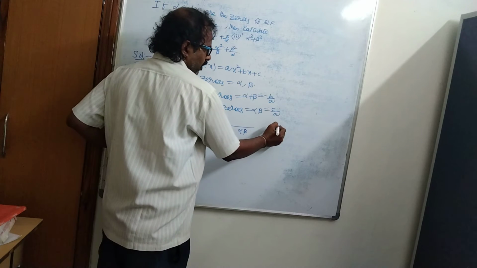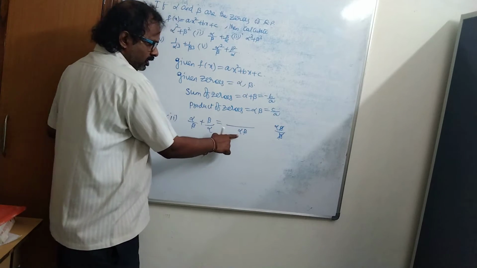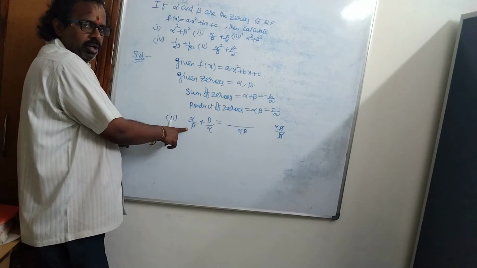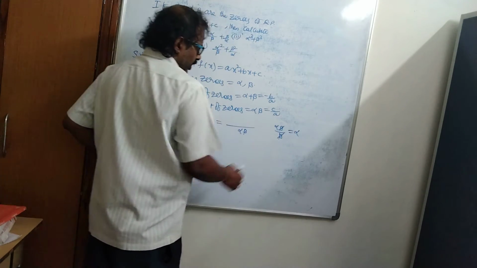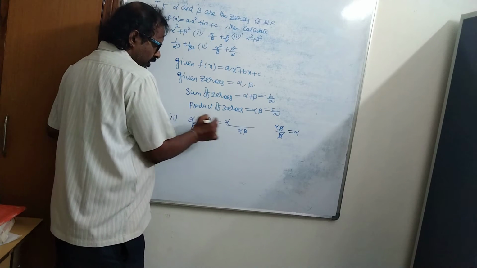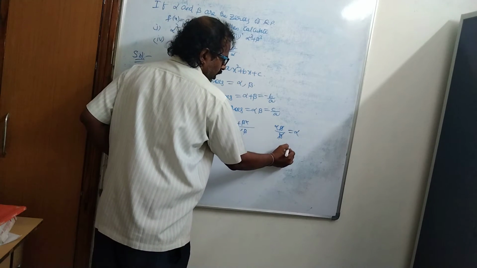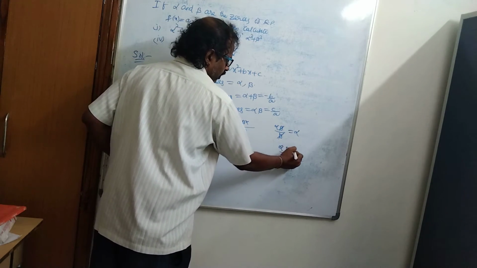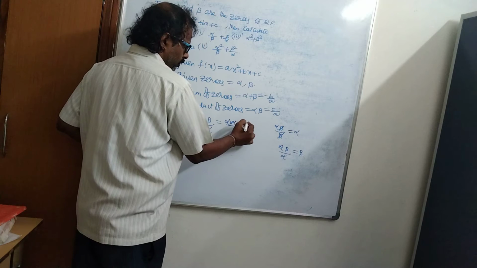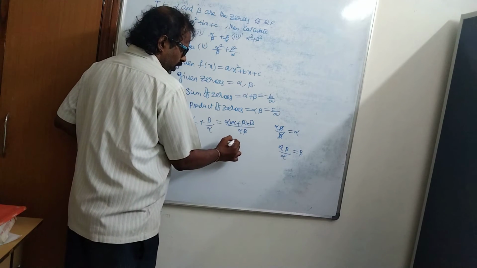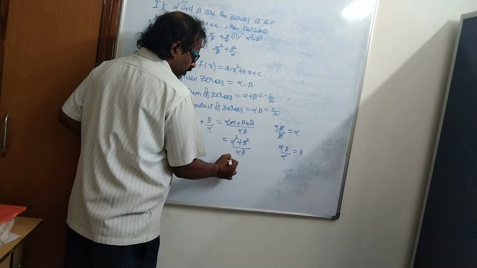So here alpha beta by beta: beta and beta cancel, so it is alpha, and we multiply this alpha with alpha, plus once again alpha beta by alpha: alpha and alpha cancel, so it is beta, and beta into beta. So that is equal to alpha square plus beta square by alpha beta.